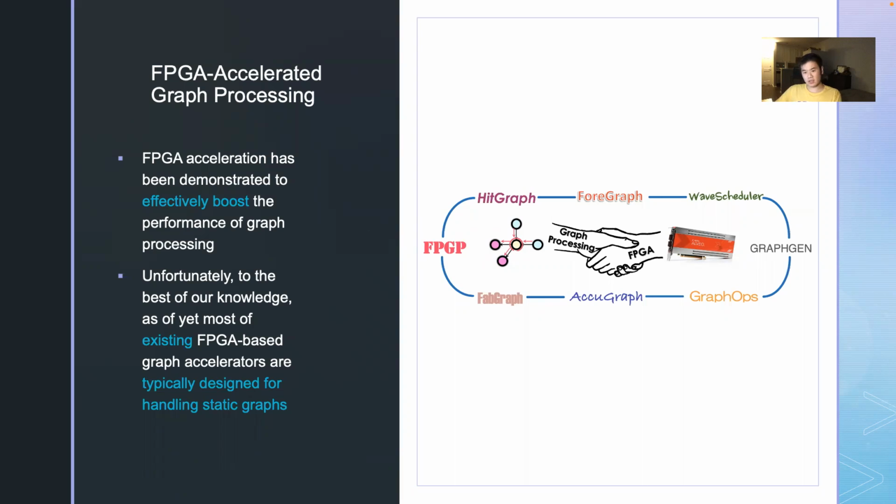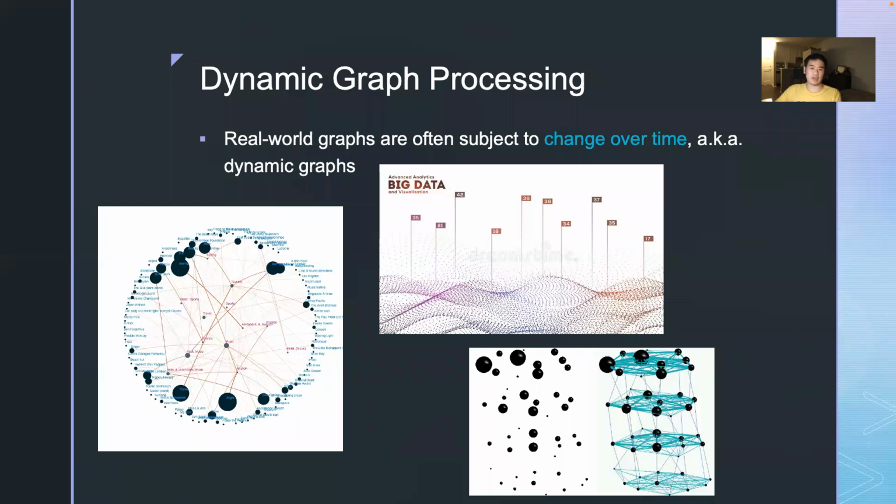Unfortunately, to the best of our knowledge, most existing FPGA-based graph accelerators are typically designed for handling static graphs. In fact, real-world graphs are often subject to change over time, known as dynamic graphs.